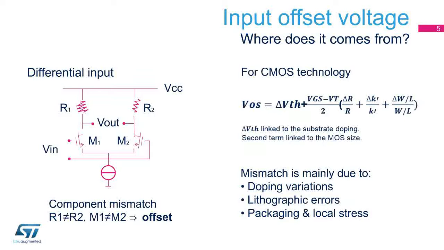For CMOS technologies, this equation shows the root cause of the input offset voltage. We can see that the size of the MOS width and length and the doping substrate play a key role in the VIO error. The resulting expression contains 4 terms. Since all of them can be positive or negative, they never all add up.